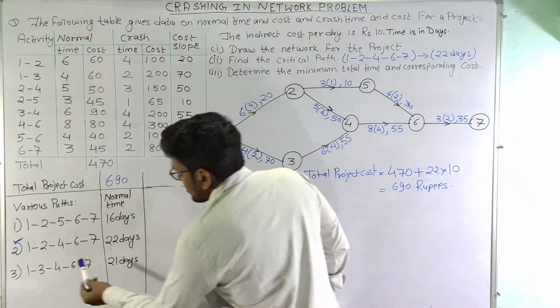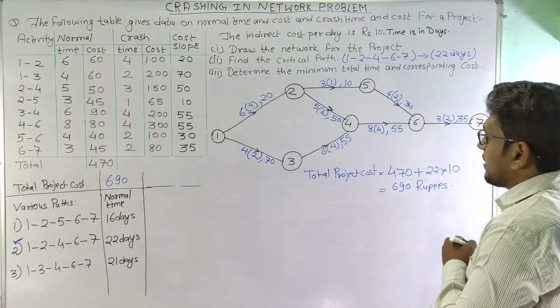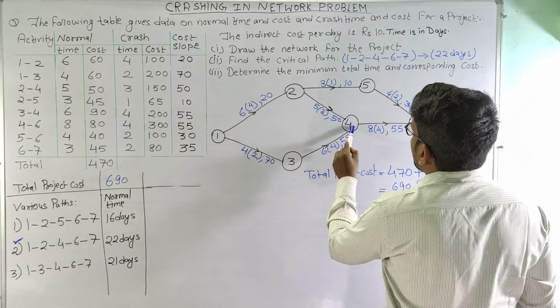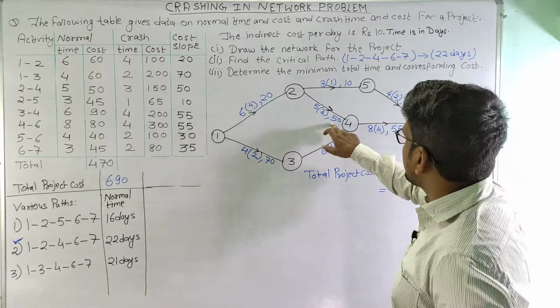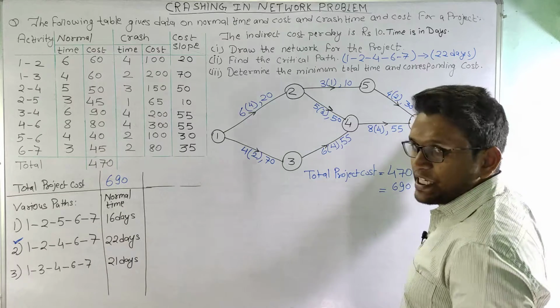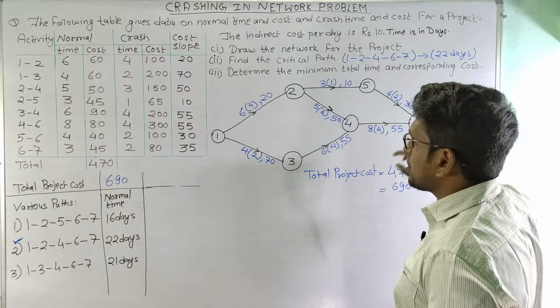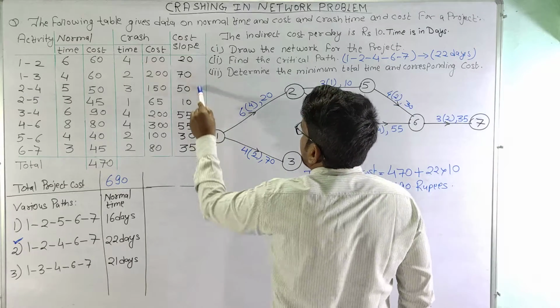So as of now this is our critical path, and this critical path consists of activities 1-2, 2-4, 4-6 and 6-7. So among these activities we need to select which activity we need to crash. In order to select the activity we will see the cost slope here.